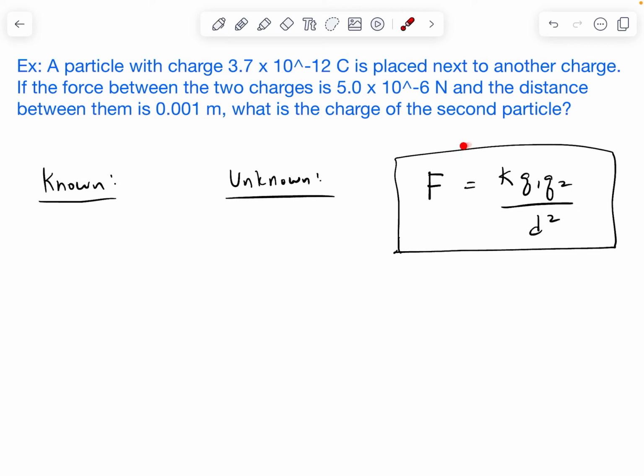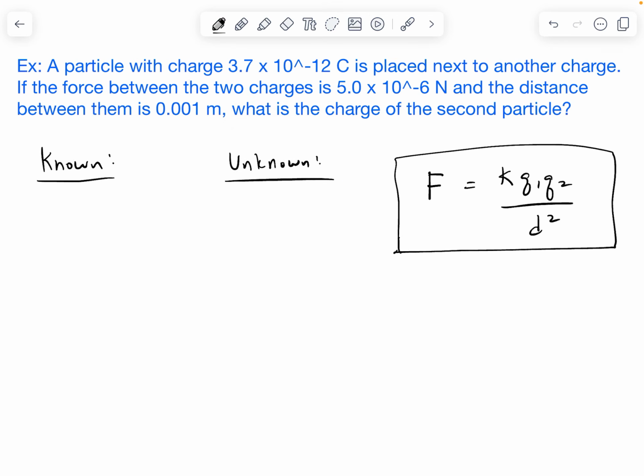All right, so we're going to be using Coulomb's law. I always like starting with my knowns and my unknowns. One thing that we can list is that this lowercase k is known as Coulomb's constant.